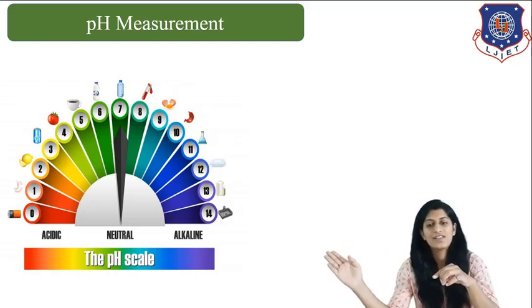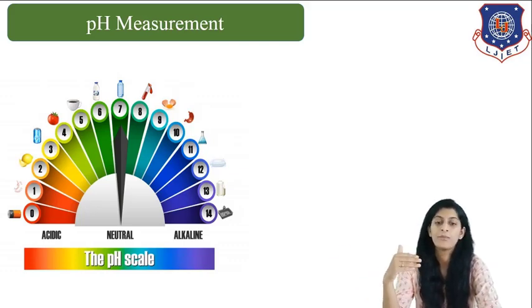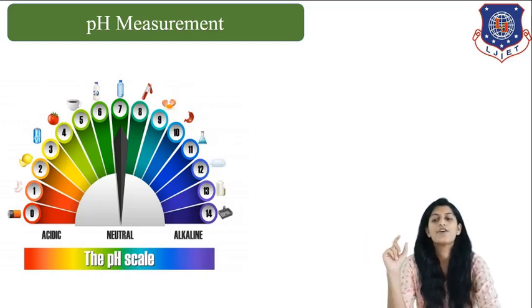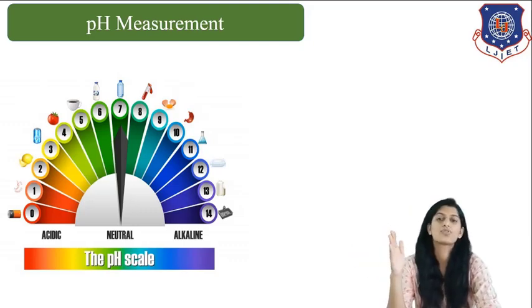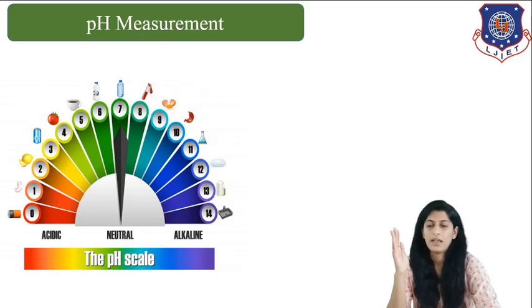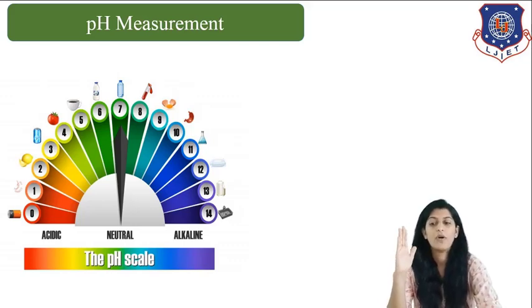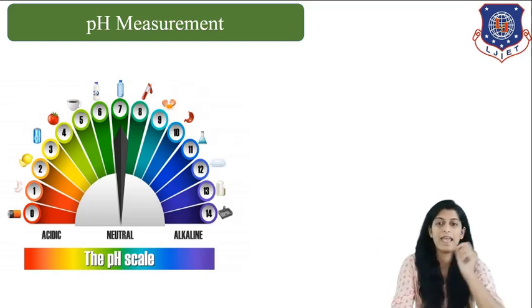As you can see in this picture, I have listed all three sections or categories of pH measurement. From the range 0 to 6, it is termed acidic, under the range of acid. The pH of 7 represents the neutral range, whereas from pH 8 to 14, we call it alkaline, correct.